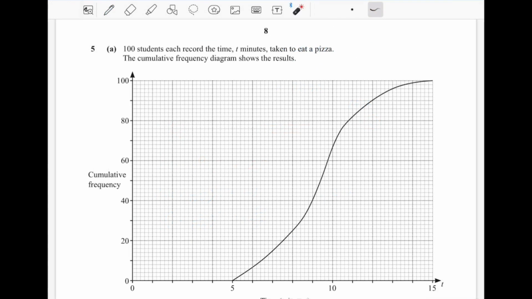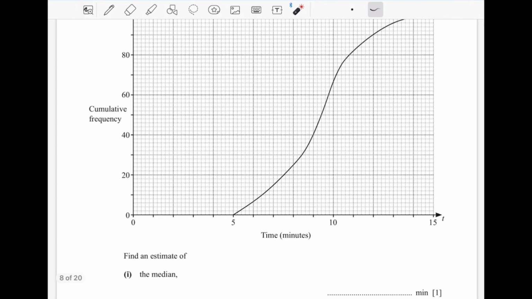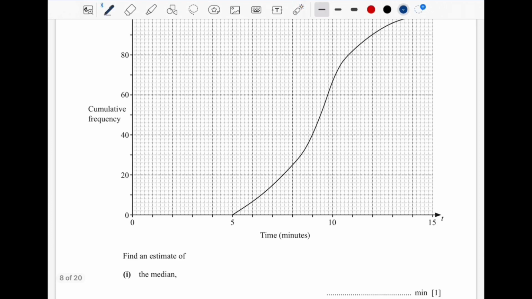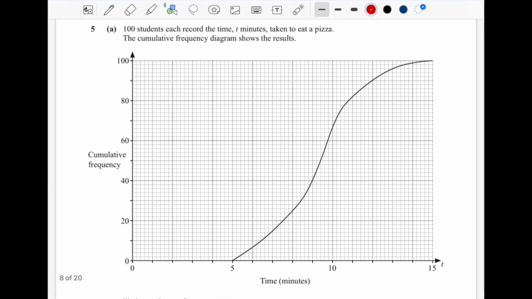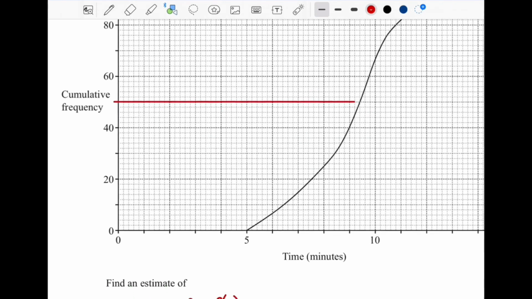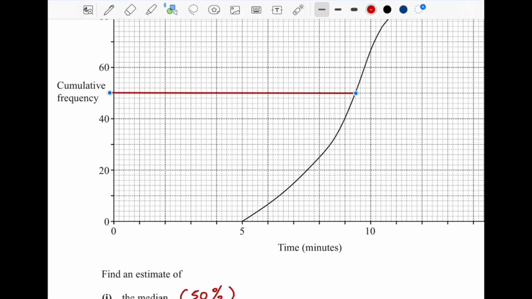This is about the time taken by 100 students to eat a pizza, a cumulative frequency graph. Find the median. Median stands for 50%. 50% of 100 students is still 50. Read from the y-axis and then read the value on the x-axis.